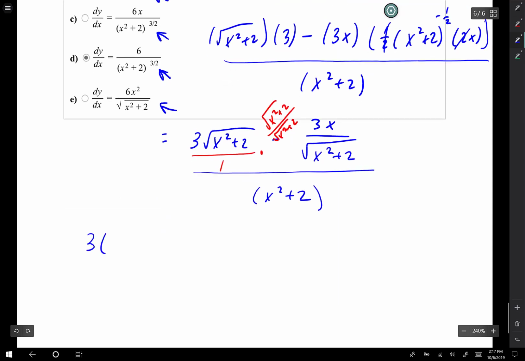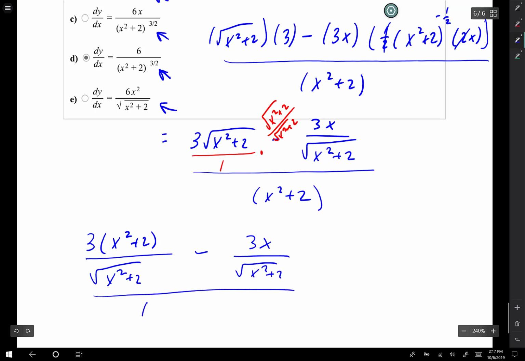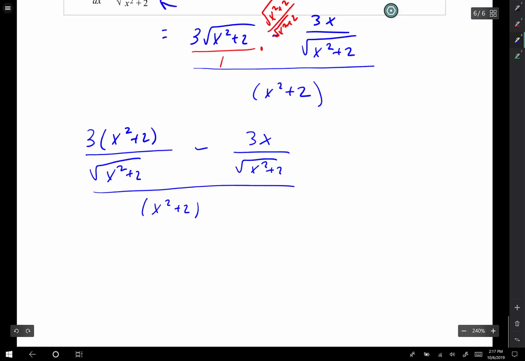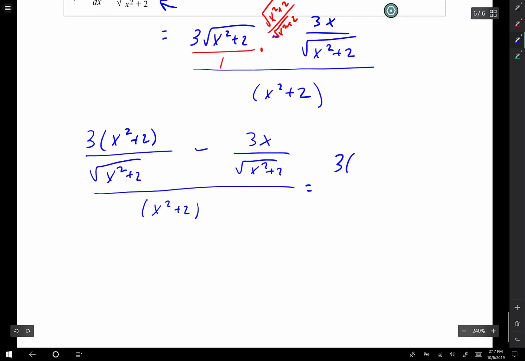So when you do that, here's what you're going to get. 3, and then square root times square root is just going to be x squared plus 2, all over the square root of x squared plus 2. And then minus, and I still have 3x over the square root of x squared plus 2. And all this is over x squared plus 2. So here's what I'm going to have: 3 times (x squared plus 2) minus 3x, all over the square root of x squared plus 2 times (x squared plus 2).